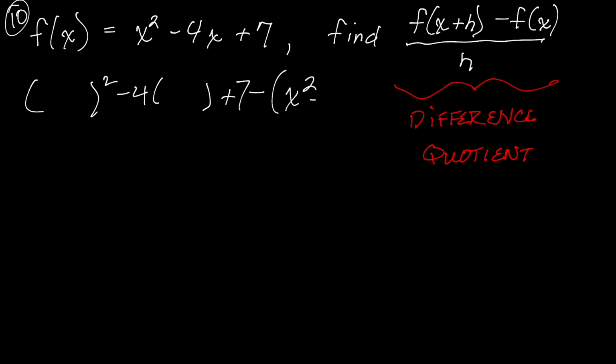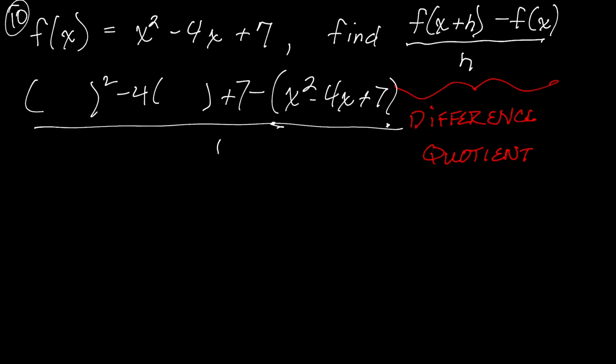So put parentheses around this, because you're not just subtracting the first term, you're subtracting the whole function. So make sure you always put parentheses around this. And that is all going to be over h.